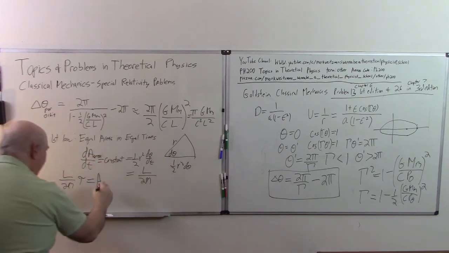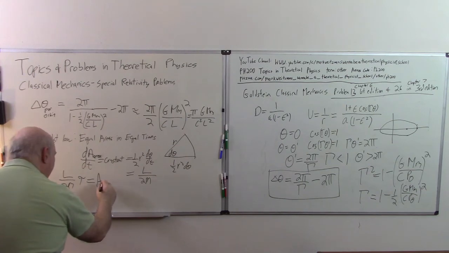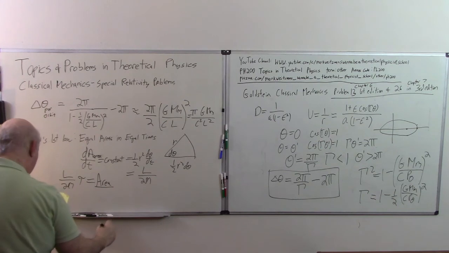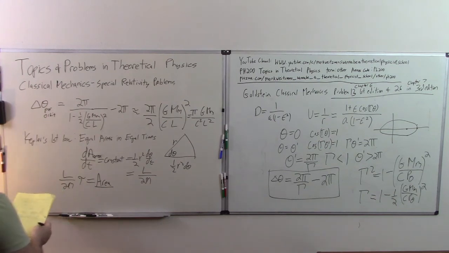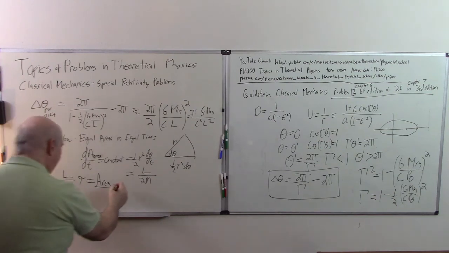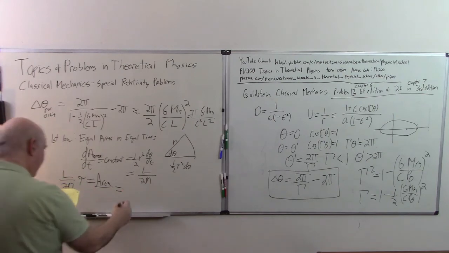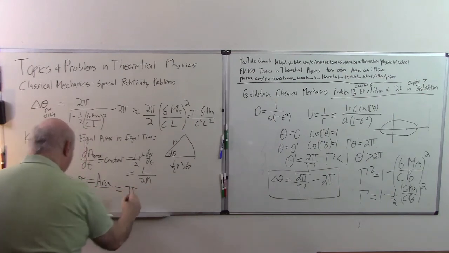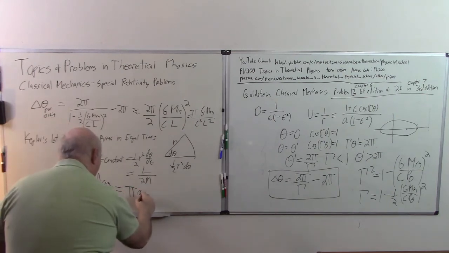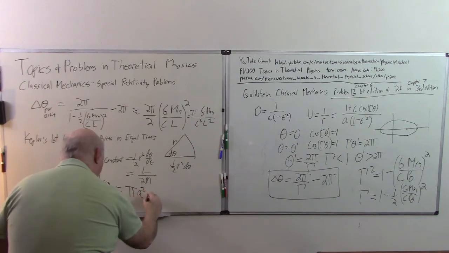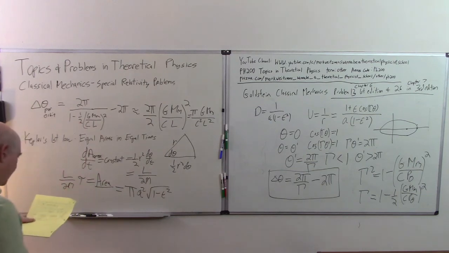So it's the derivative of the area. So this is just the area. And the area of an ellipse, you should remember this formula. If not, look it up. It's just pi a squared times the square root of 1 minus epsilon squared.